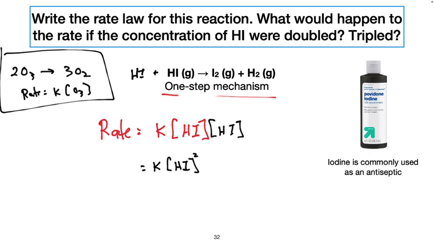So we said for the ozone example that the rate law was still O3 to the first power, right? Why? Well, that's why I'm asking, why is that the case if in that ultimate reaction there's 2 O's? What happened in the previous reaction? The slow reaction only took 1 of the 3.